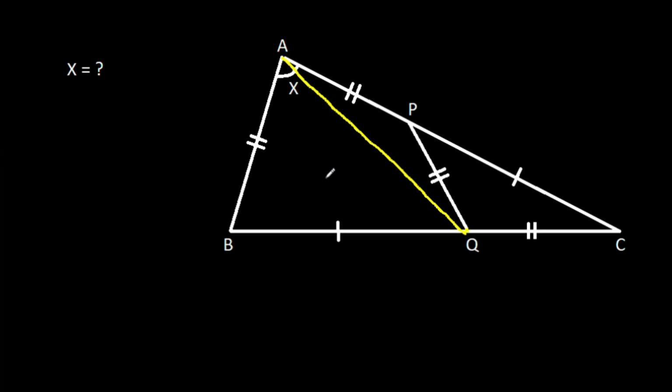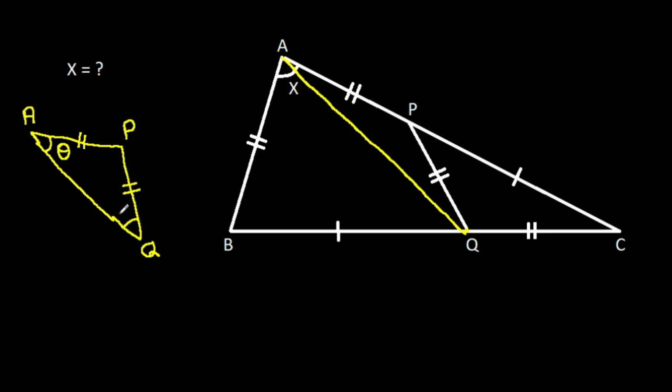Then in triangle APQ, it is A, P, Q. We have AP is equal to PQ. That means these two angles will be equal.